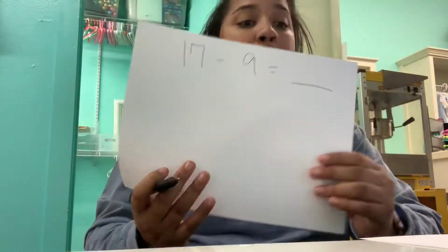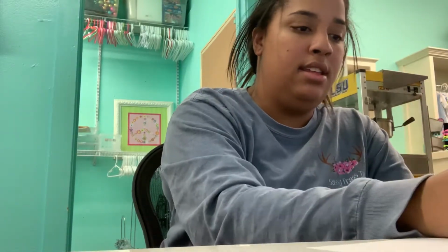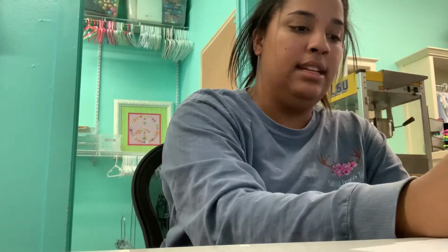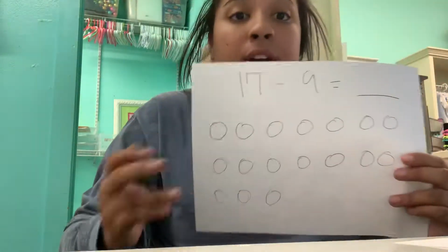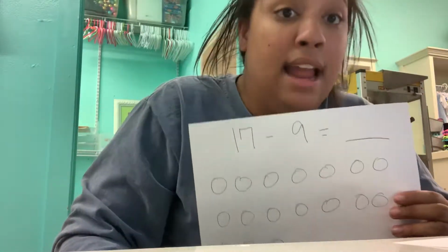Next, our next problem is 17 minus 9. So we're going to start with 17 counters. So we have 17 counters. So our problem is 17 take away 9.